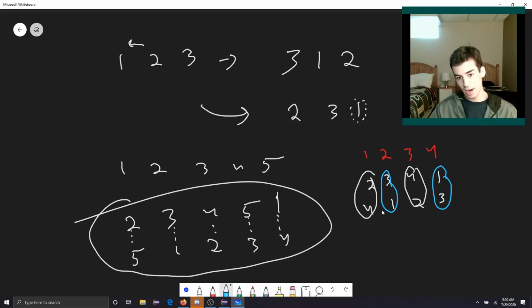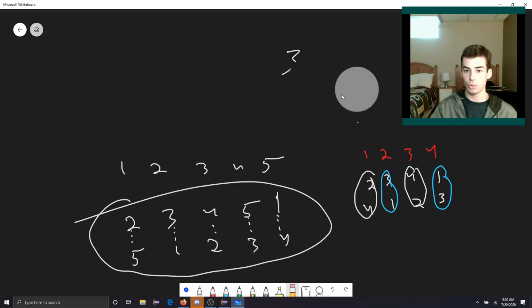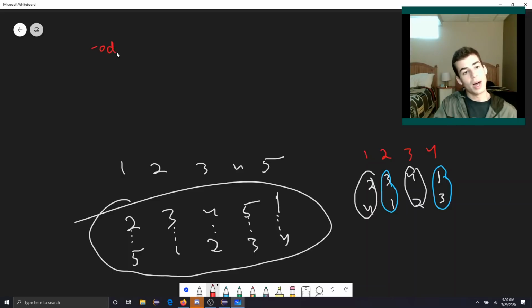So if it's an odd length string, they all need to be the same. If it's even, you need 2 groups of equal size that are the same. So odd, 1 character; even, you can have 1 character, or also you can have 2 same size characters.